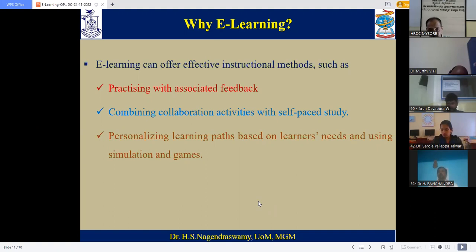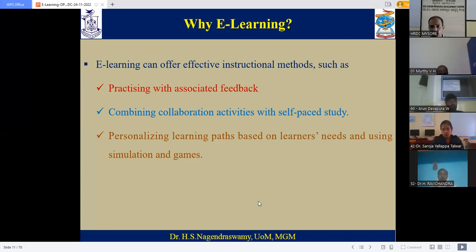Combining collaboration activities with self-paced study, right? So combining collaboration activity with self-paced study. When it comes to study, some people can spend more time and they can learn more within a stipulated time.